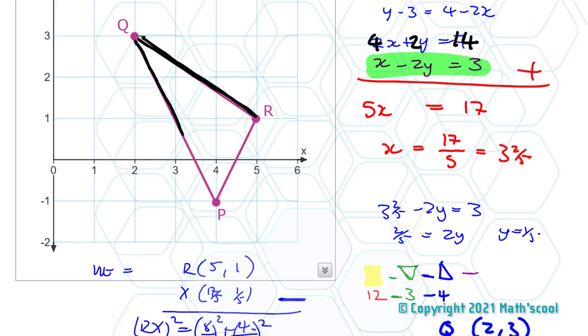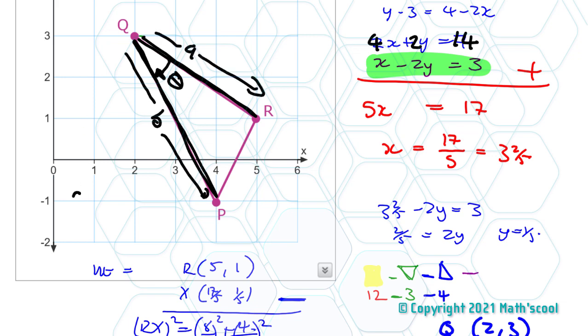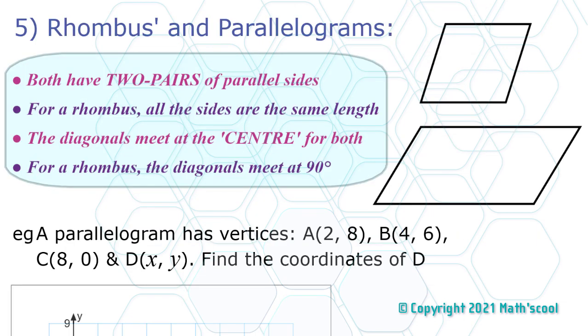You work out the gradient of this line. And then you remember you can use the gradients to work out the angles. So you work out the 2 angles, subtract them, and then that will give you that angle theta. And then you can call this length here B and this length here A. And because you've got the angle, you can use a half AB sine theta or sine C. And so that's the alternative method. Again, it depends on what you've already worked out as to which of those methods you'd use.